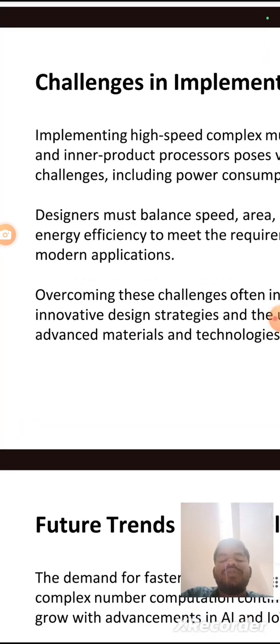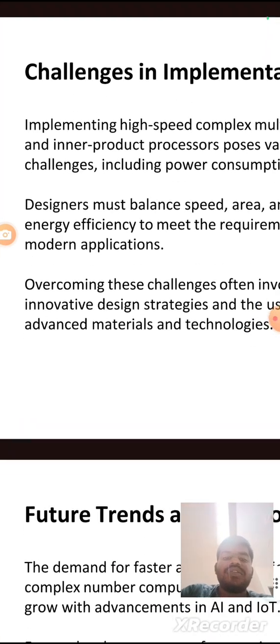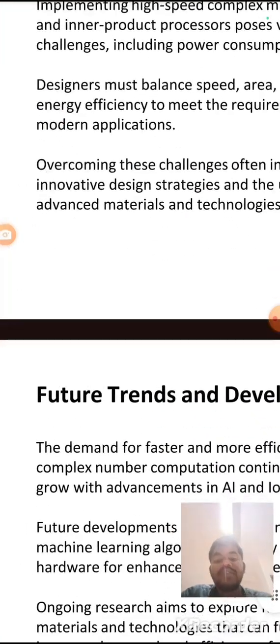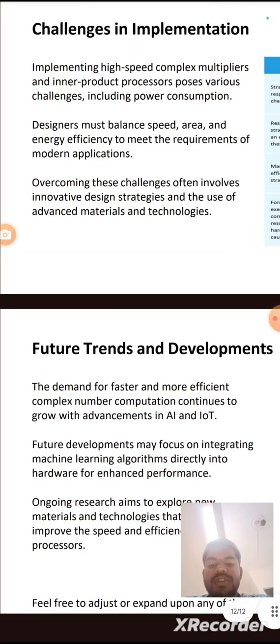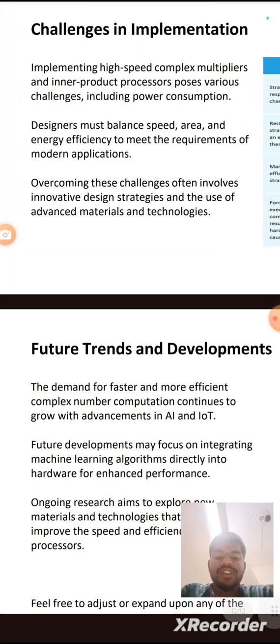These are the challenges of implementation. Further trends and developments: the demand for faster and more efficient complex number computation continues to grow with advancements in AI and IoT. Nowadays AI is becoming more prevalent.